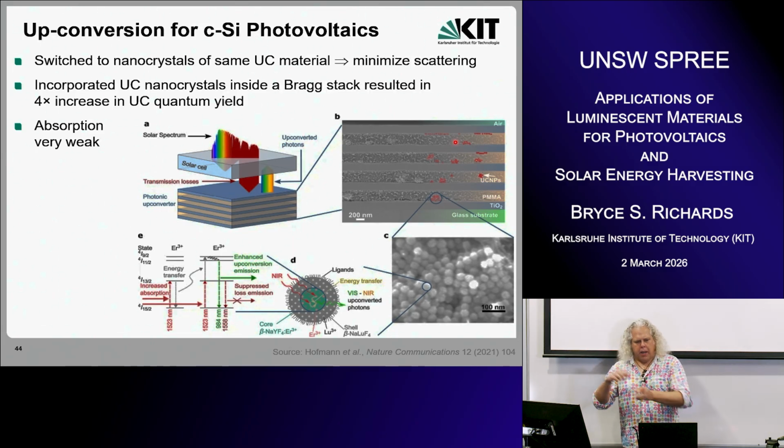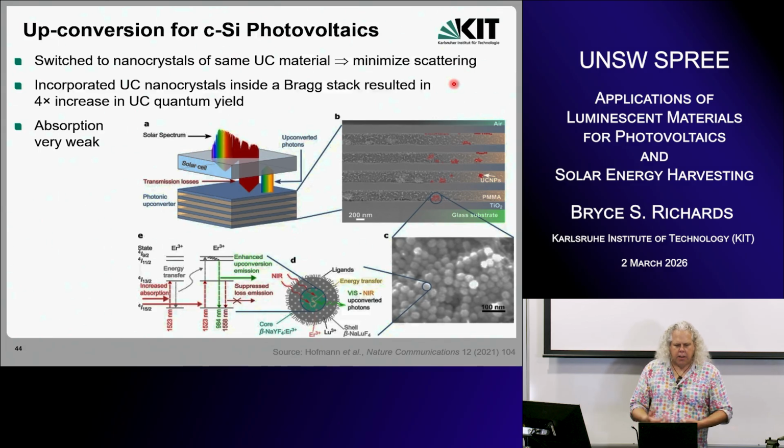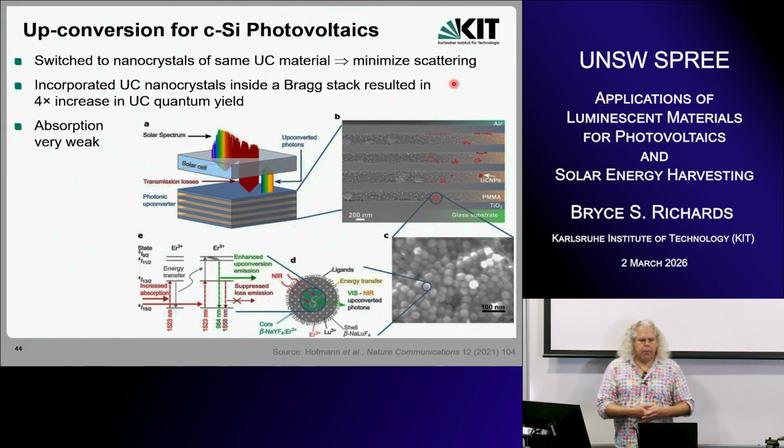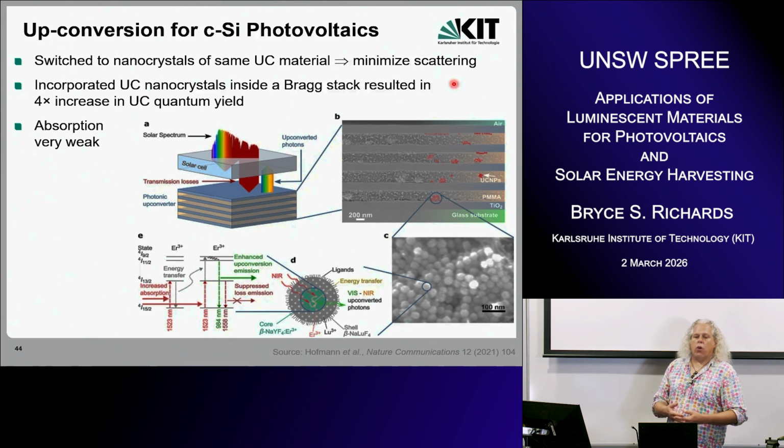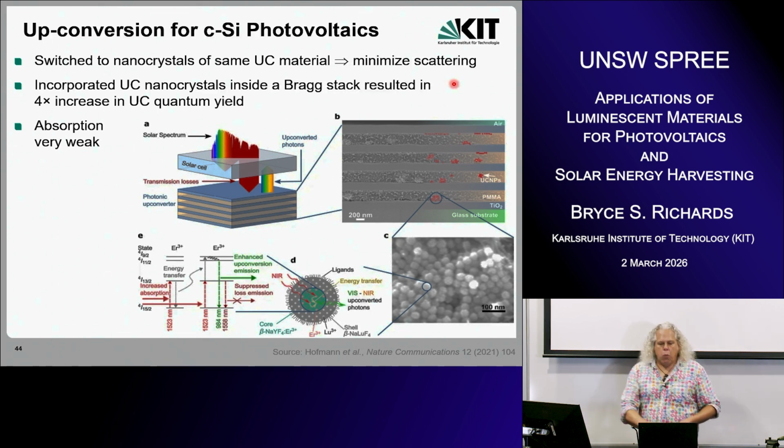So we kept jumping back between the spin coater and the ALD system, which wasn't very elegant, but it worked. What we managed to demonstrate was a 4 times increase in the upconversion quantum yield. But because we switched to these nanocrystals, the amount of absorption in our system was even less than before. We'd gone from a solid mass of phosphor to a diluted phosphor in a polymer system. So the absorption was still really weak.